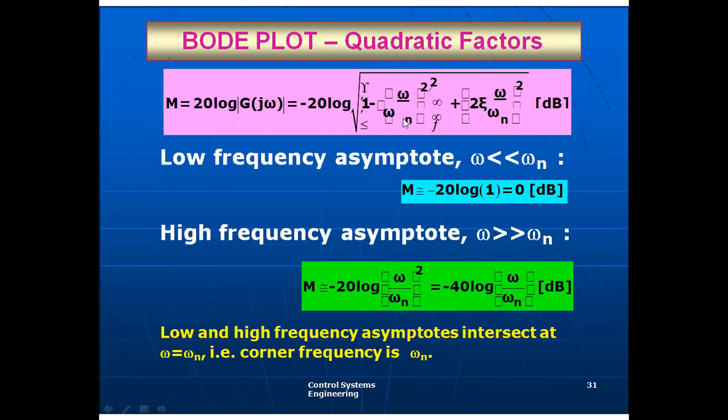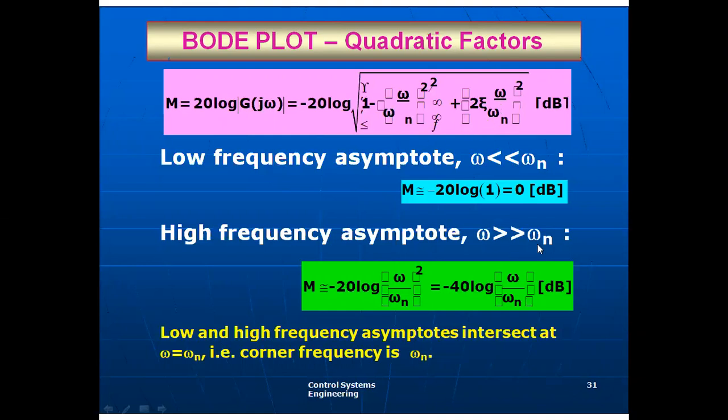Simplifying this, when omega is less than omega n, it becomes negligibly small.